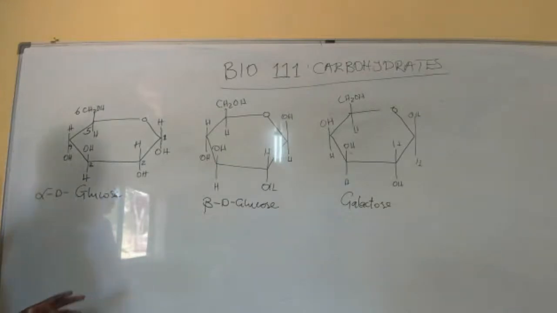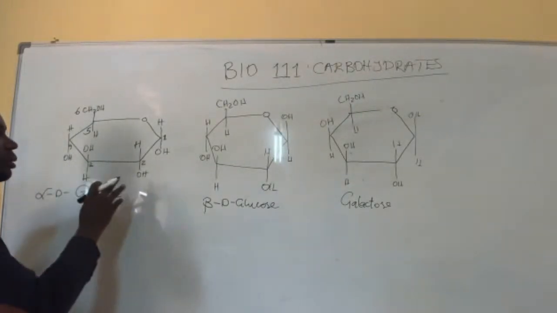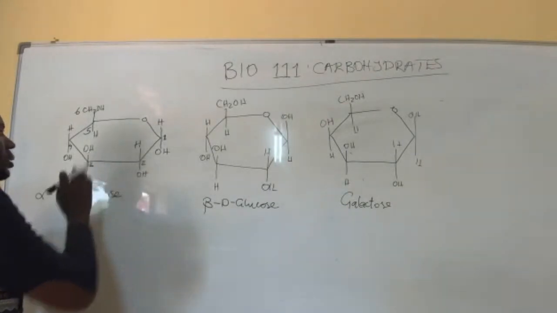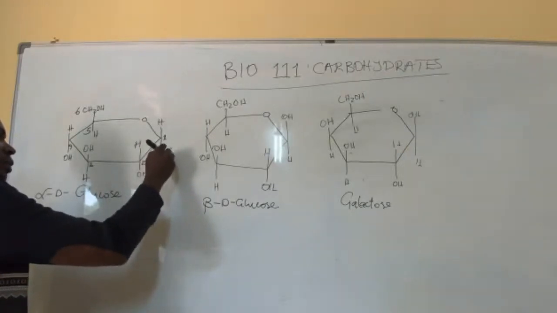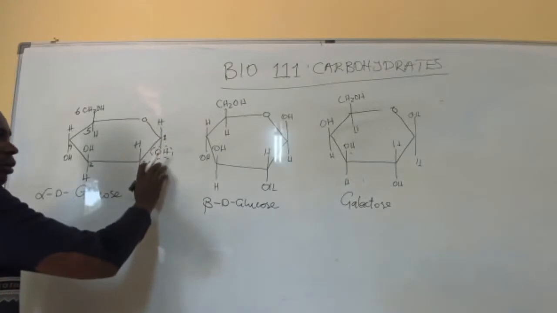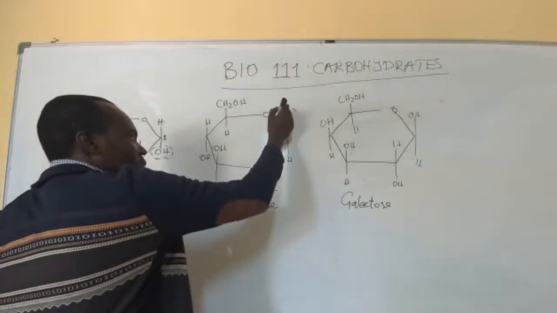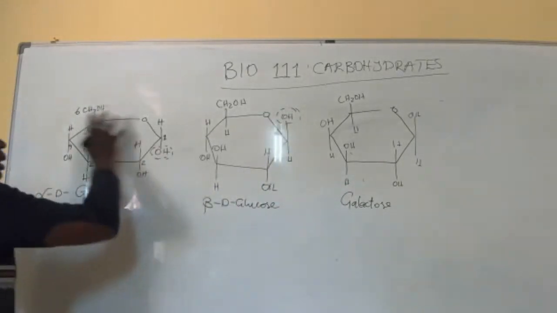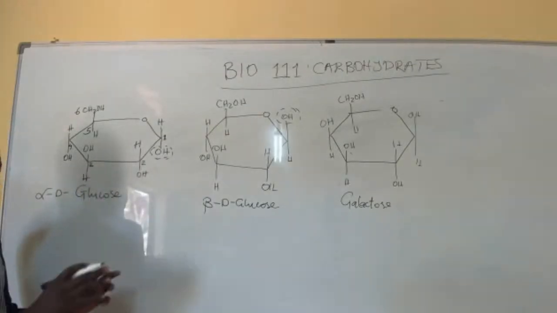When you look at this particular glucose, you can look at the hydroxyl group. The hydroxyl group on carbon number 1 is on the bottom, but here the hydroxyl group is on top. When you look at the structure, it's the same, but the arrangement of the hydroxyl group is different.